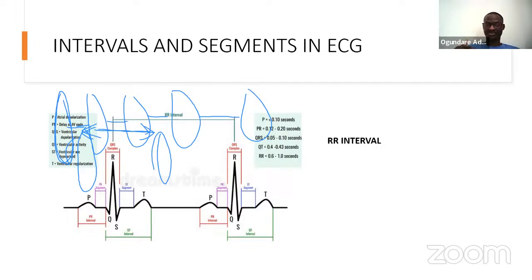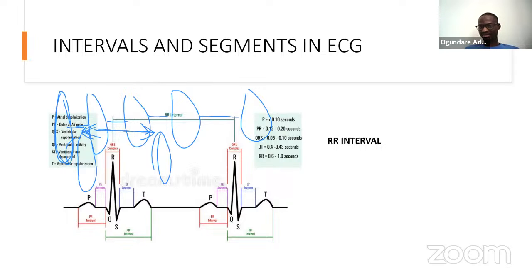If you take your time to understand the basics of this ECG, you will find it easier than you thought, very, very easy. So this is one key way for you to be able to identify, oh, there is a VT, a ventricular tachycardia going on there, because the gap between a ventricular contraction and another ventricular contraction is getting shorter and shorter and shorter. Okay, I hope that makes sense.